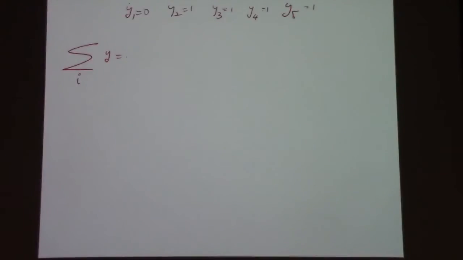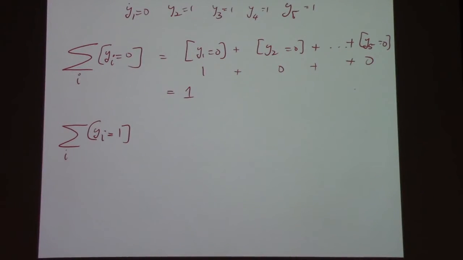Let's say y1 is 0, the rest of them are all 1. Now think of the value of this quantity, the sum of all the indicators that yi equals 0.